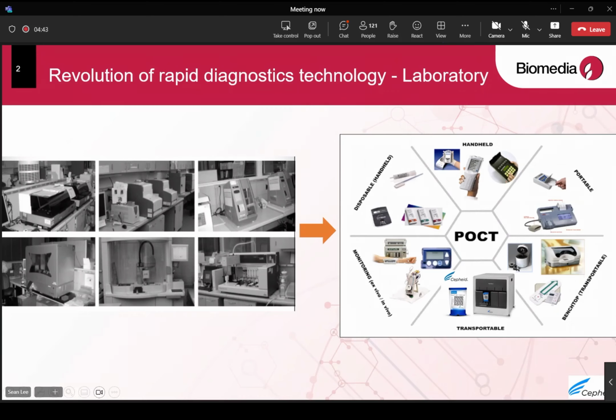Okay, so in the conventional labs, if you want to do PCR, you need to have a lot of equipment in the labs. Because of that, most of the lab personnel don't want to do PCR tests, and usually they send it to a centralized lab. But when you send your samples to a centralized lab, it may take a very long period of time.